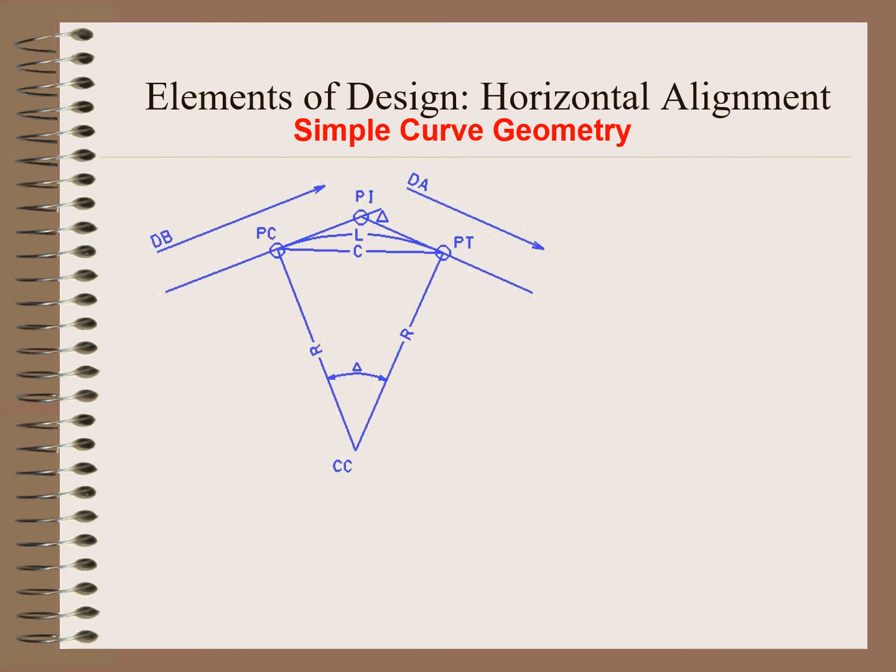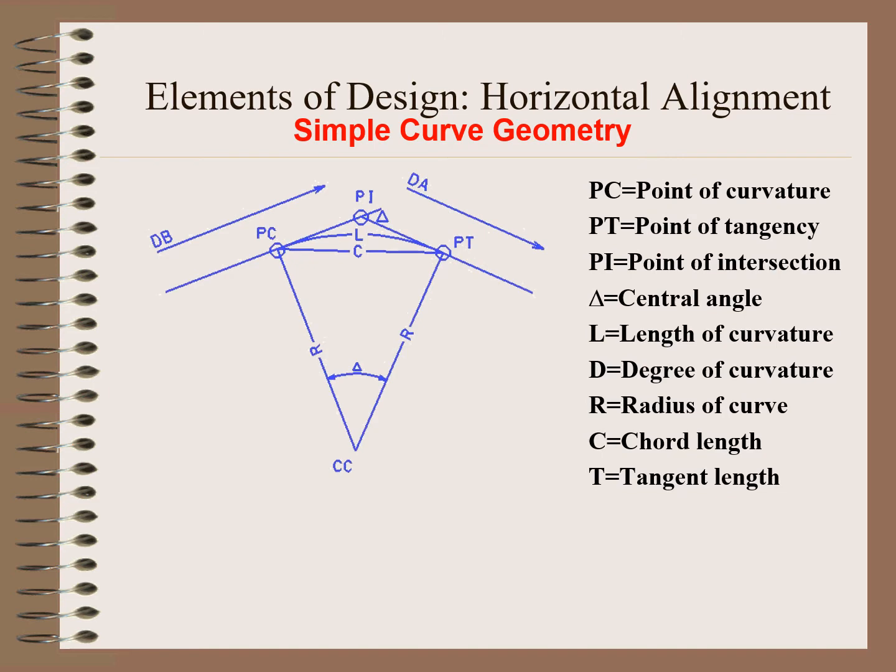The simple curve geometry. Let's learn the different portions of a simple curve geometry. We have the PC, or point of curvature, and the PT, or point of tangency. Where the two tangents intersect, we call the point of intersection. We have a central angle, a length of curve or curvature, degree of curvature, the radius of the curve, the chord length, and the tangent length.